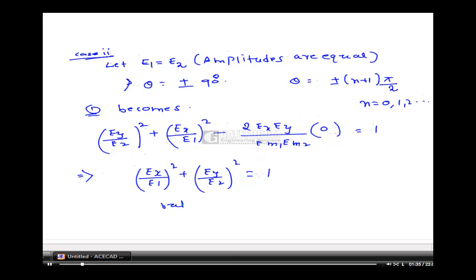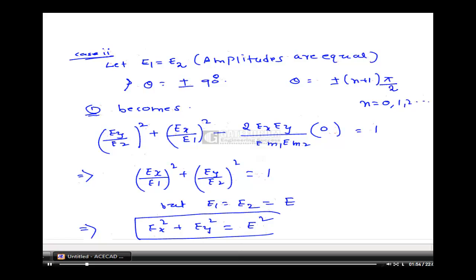But what is the condition we considered? E1 is equal to E2. That implies Ex square plus Ey square is equal to, in general, I am taking E1 equal to E2 equal to some E, so Ex square plus Ey square is equal to E square. What is this equation?